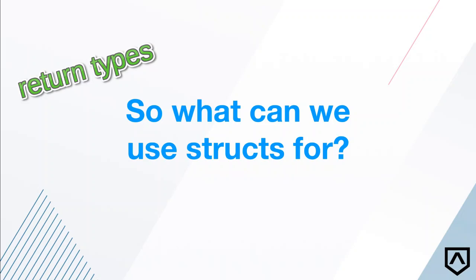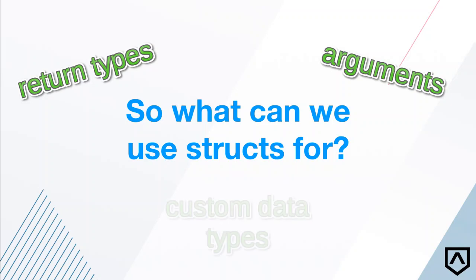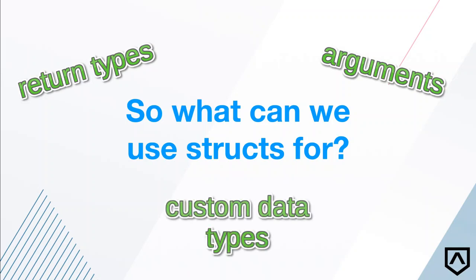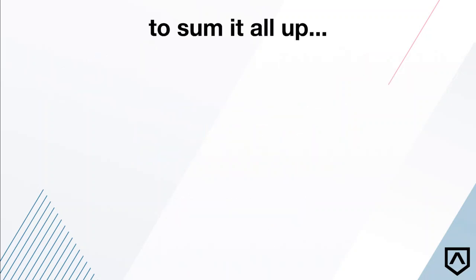That can be helpful. So they are an acceptable return type for different functions you write. We can pass structs as arguments to different functions as well. And we can essentially use them to create our own custom data types in C to handle different situations.